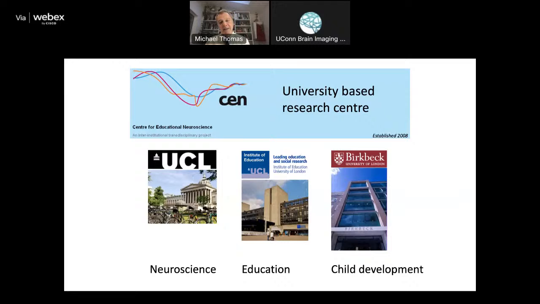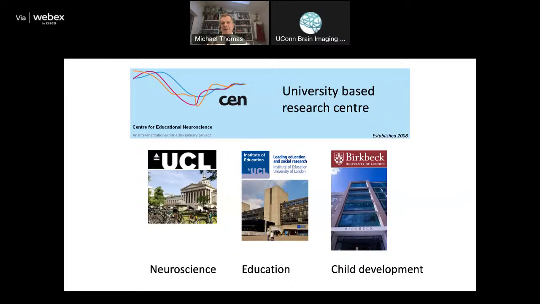As the introduction said, I'm the director of the Center for Educational Neuroscience. That is a cross-university research center that was set up in 2008 to bring together expertise from University College London, the Institute of Education, and Birkbeck College. People have different expertise, but broadly, UCL has strong expertise in neuroscience, the Institute of Education is self-explanatory, and in Birkbeck we have a very strong focus on developmental cognitive neuroscience.